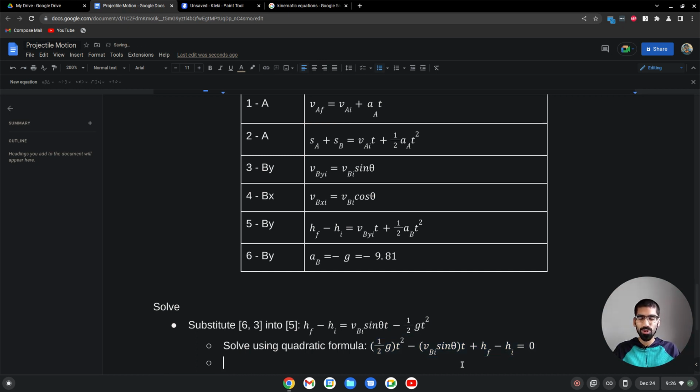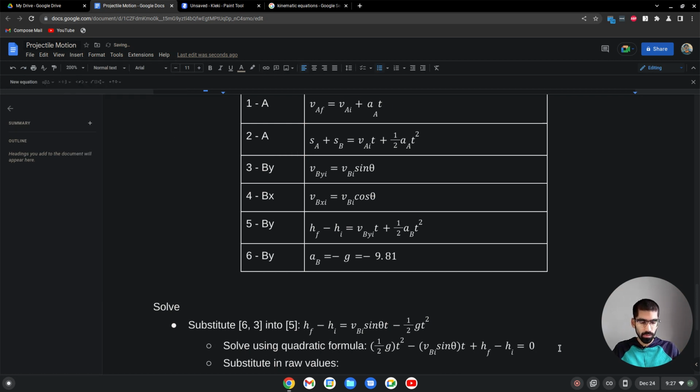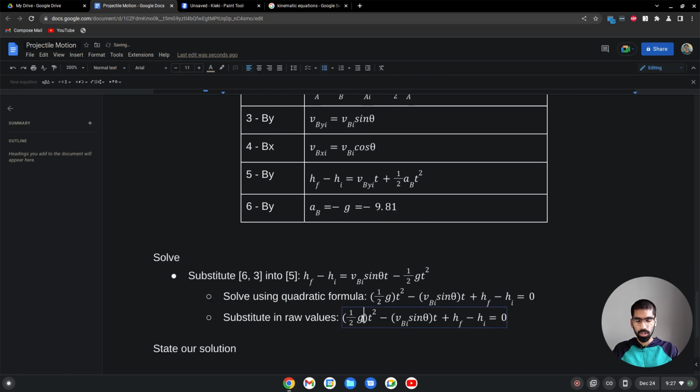People might get confused if I do this in algebraic form, so I'm just going to substitute in raw values in order to use the quadratic formula. So we're going to have 9.81 over 2. Here, be careful, you want to substitute in 9.81, not negative 9.81, because you already took care of the negative sign in the equation.